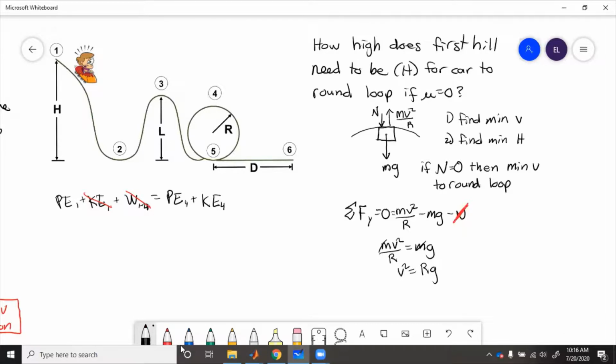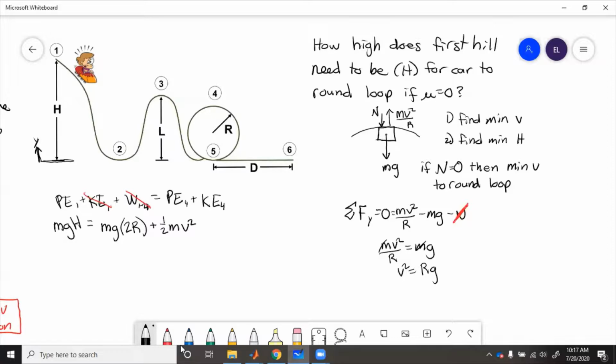So now we can put in the formulas. We say this is the 0 point. We'll have mgh equals potential energy at 4, which is mg times that height, which is twice the radius, 2r, plus 1/2 mv squared.